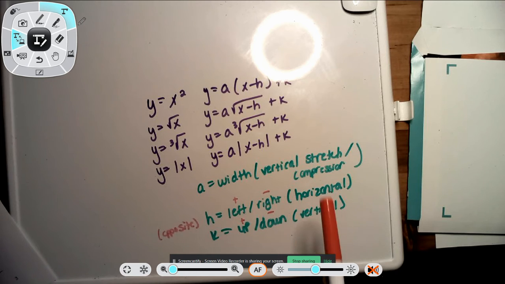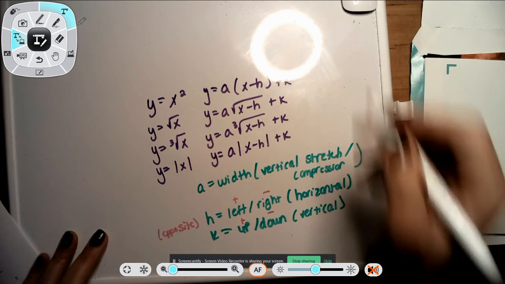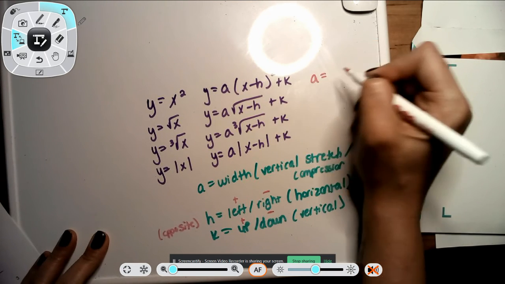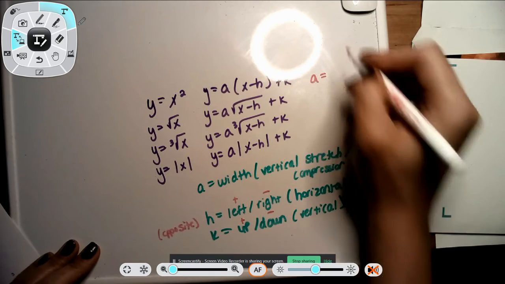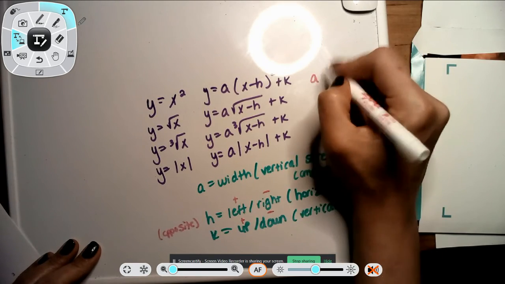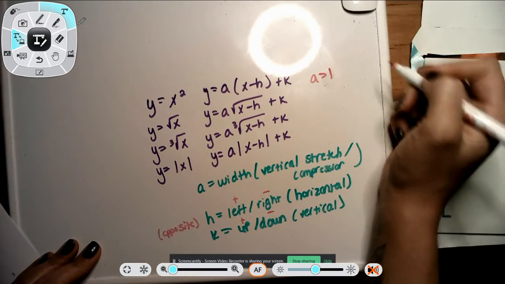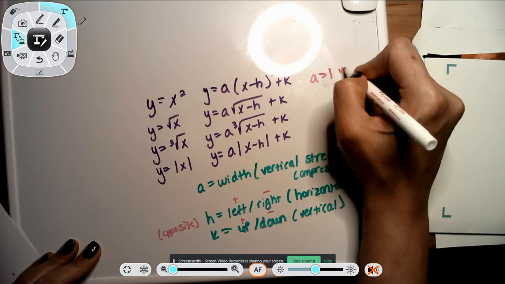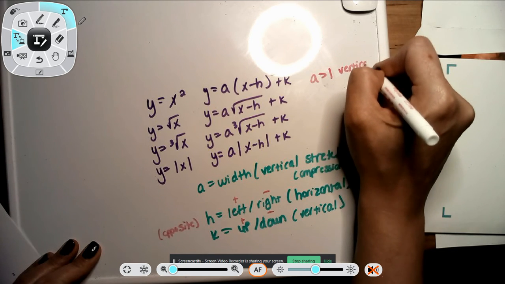Okay. Your width, and I'm going to maybe just put it up here. Your a value has two different things. If your a value is greater than 1, it's what we call a vertical stretch.